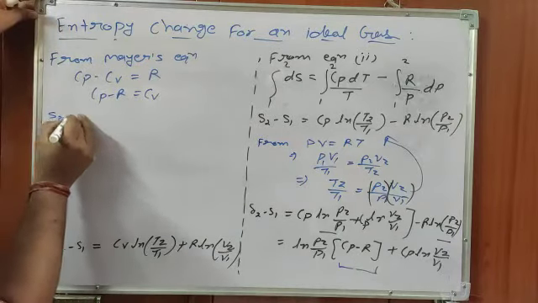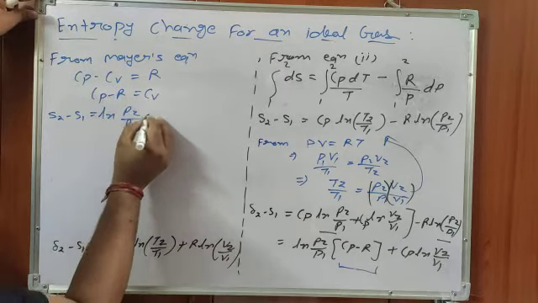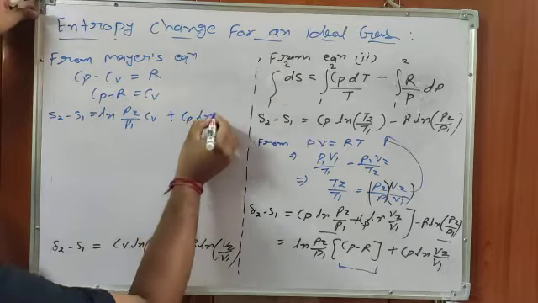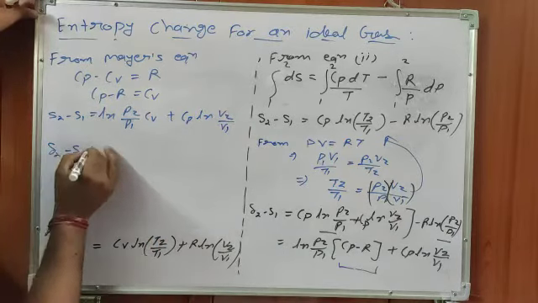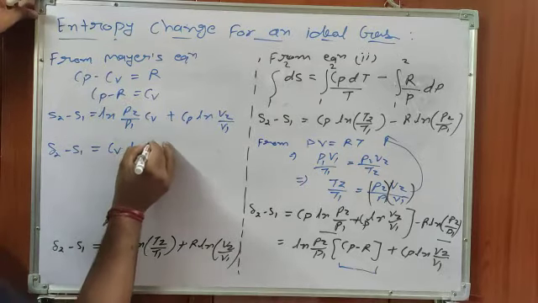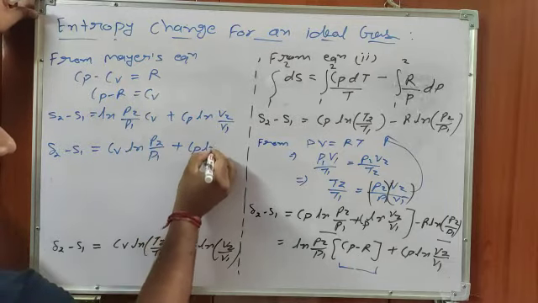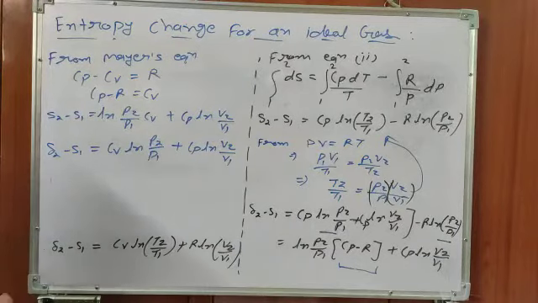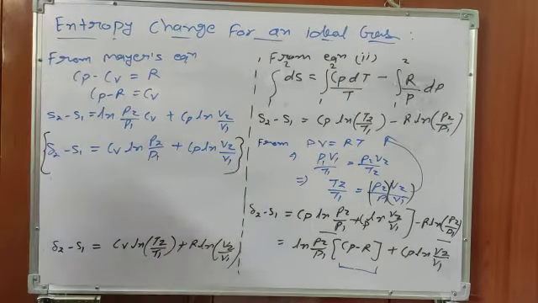Now S2 minus S1 is equal to Cv ln P2 upon P1 plus Cp ln V2 upon V1. Now we have an equation which relates pressure and volume for entropy change.